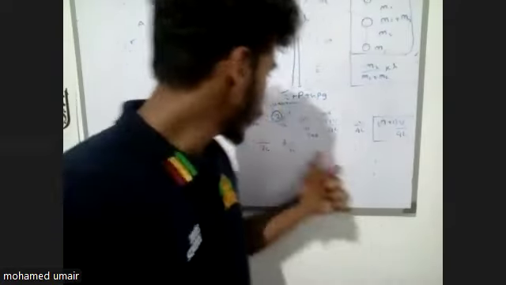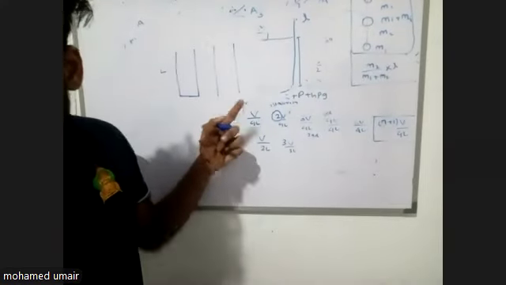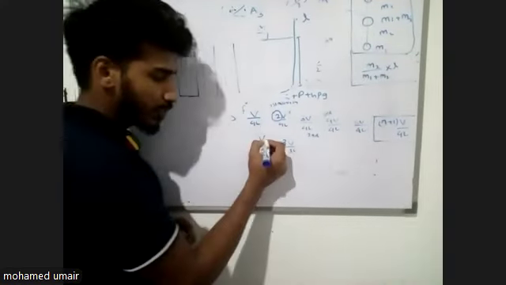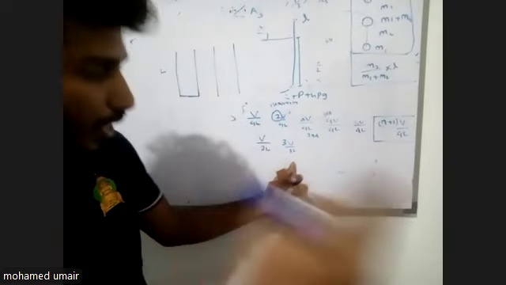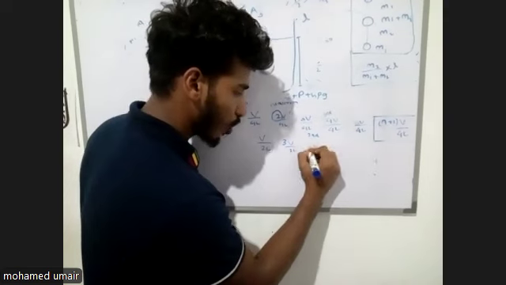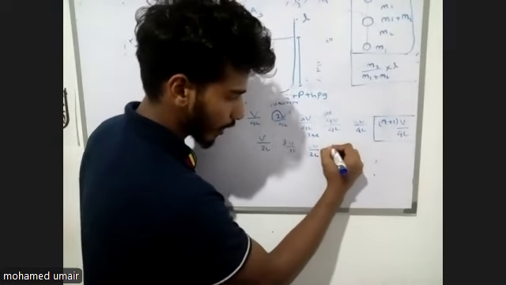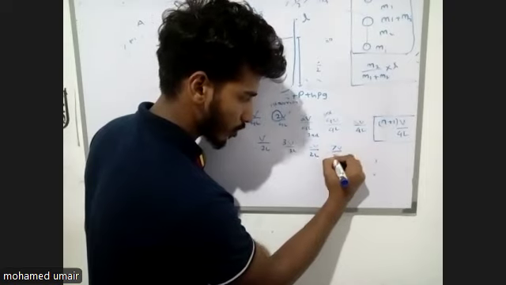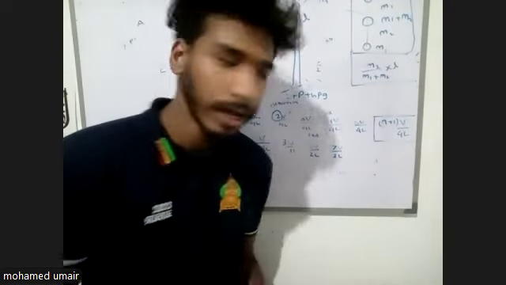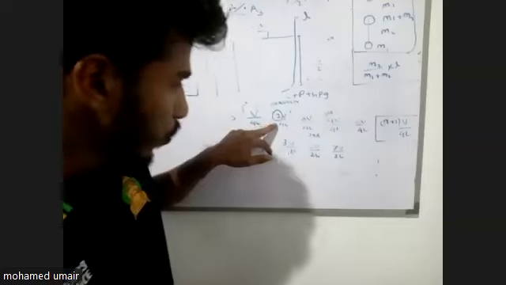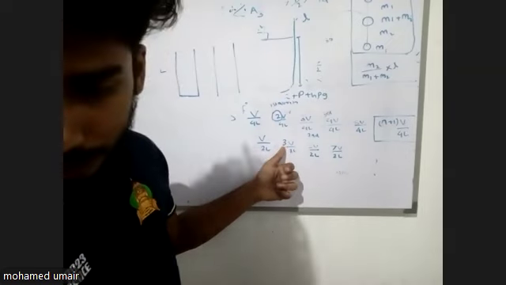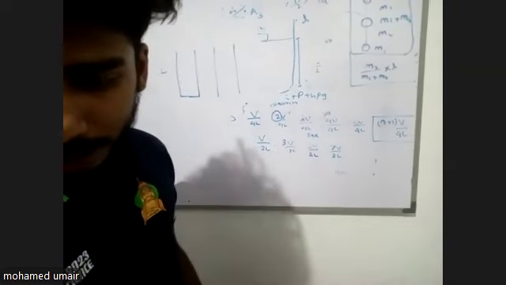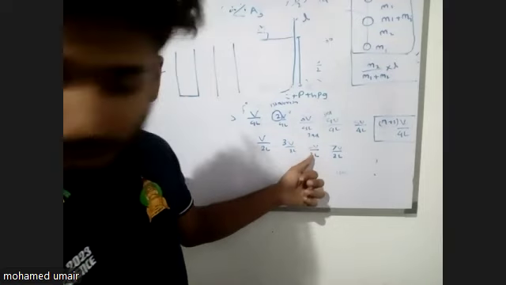Now let's look at the both end open tube. For that, the general expression is V over 2L. And when it is at the first overtone, it is 3V over 2L. When it is at the second overtone, it is 5V over 2L, and then 7V over 2L, and so on. Which means when n is equal to 1, I'm having 3 here. When n is equal to 2, I'm having 5.